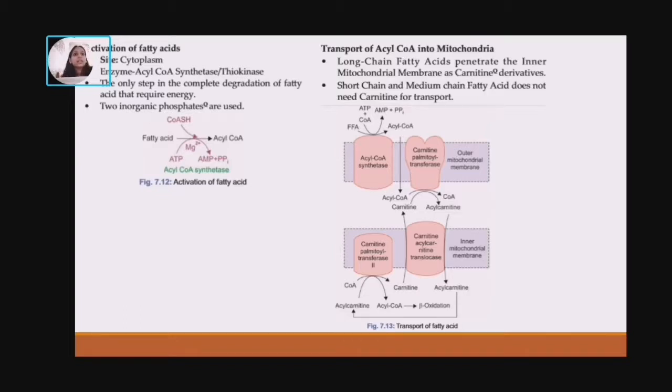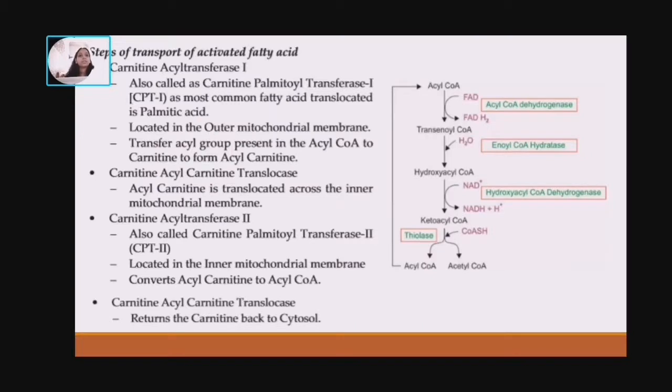The steps of transport are not much important for Krok, because there are different varieties of carnitine acyl transferase 1, 2, all those. But it's good to know for your knowledge. And in the end you can see the reactions which happen.